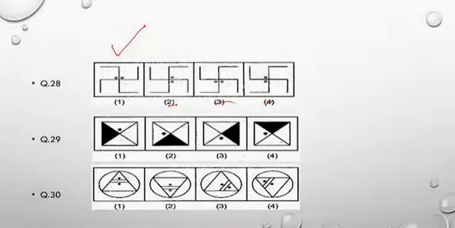Now let's go to next question, question number 29. In question number 29, we find that there is one square which is divided into 4 parts with the help of 2 lines intersecting each other.